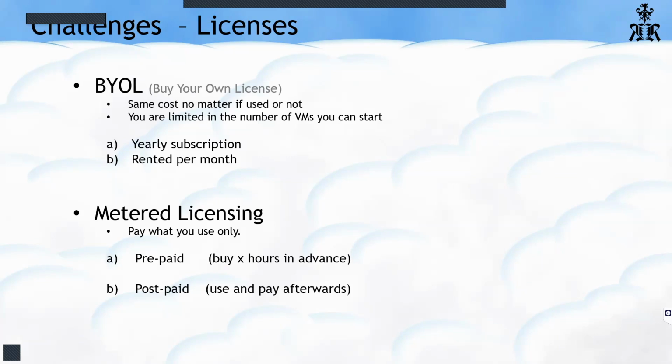And that's why most companies are using the rented license or directly yearly subscription. For example, a V-Ray license for a month cost, I think, €30, something like that.